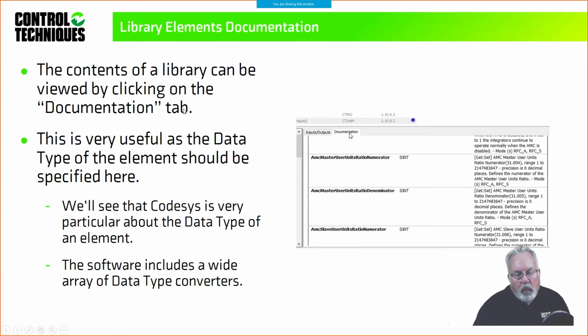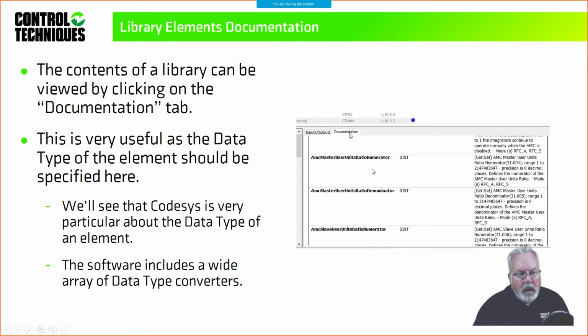And again, one of the reasons this slide is here is data types. If you look at the documentation for the CT-UNI-M library, which is where I've been pulling a lot of the things that we've been demonstrating so far, there's a column in the documentation tab that shows the data type.